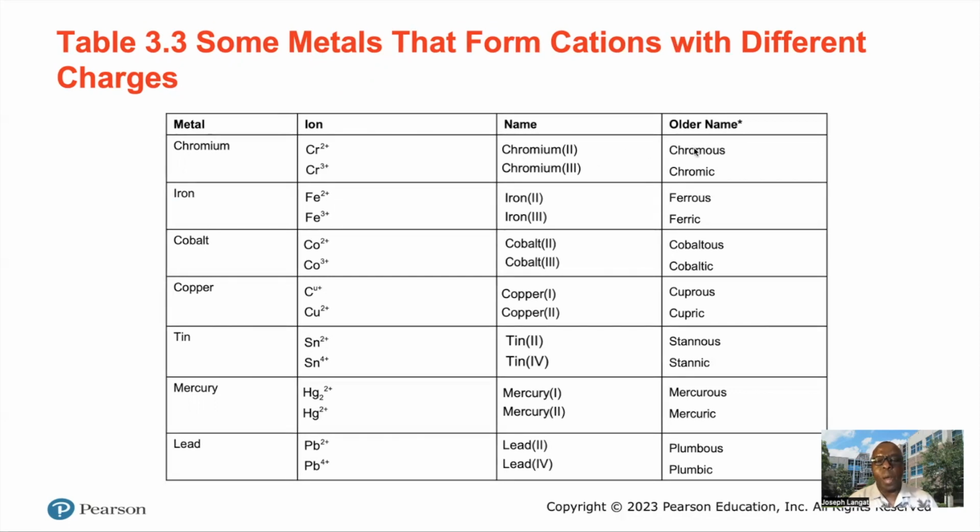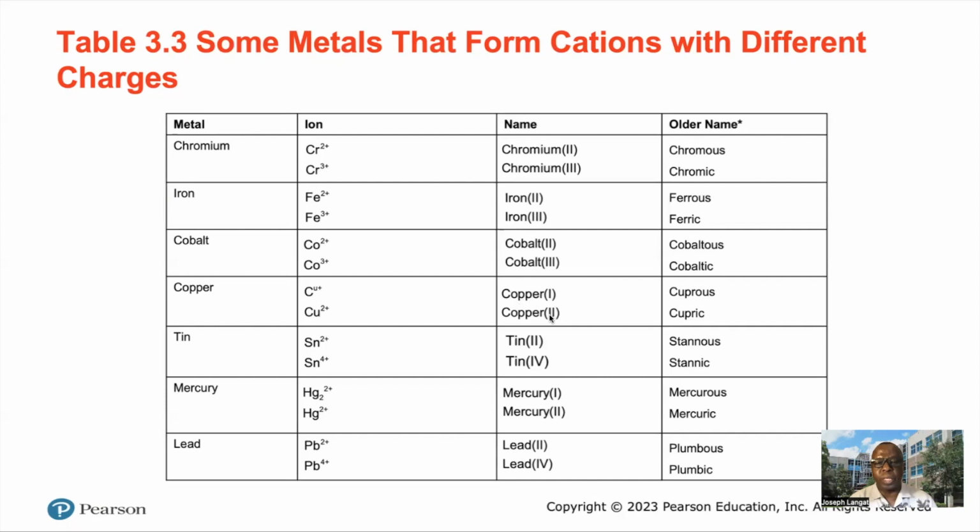This is an old way of naming them. The one with the least charge in that series ends with OUS, which is the Latin name. Chromic, IC, with the higher charge, you see this. Look at ferrous, ferric, the one with the higher charge. Cobaltous for cobalt, cobaltic. Cupric, cuprous.